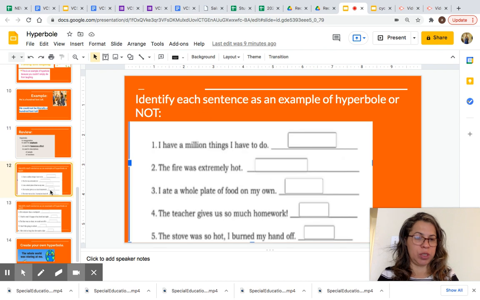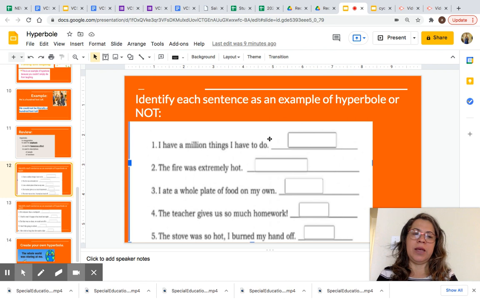Now, it is your turn to show your understanding. Let's see if you learned what a hyperbole is. In this activity, I'm going to read the sentence and you are going to say if it is an example of hyperbole or not.